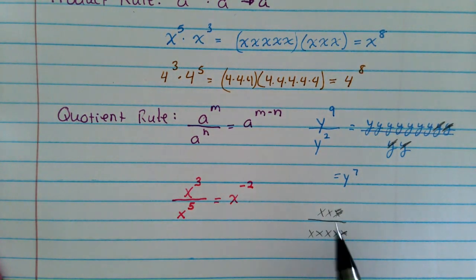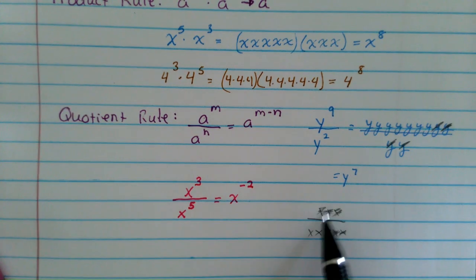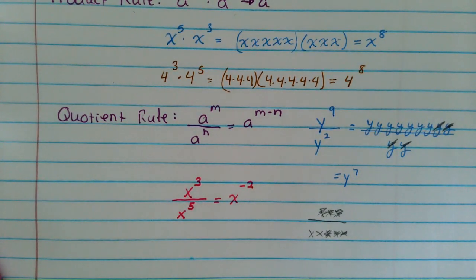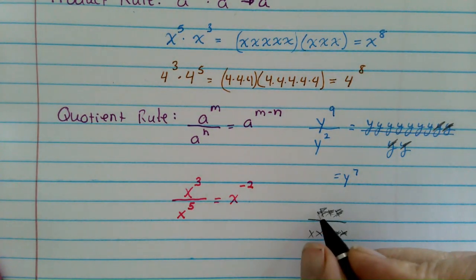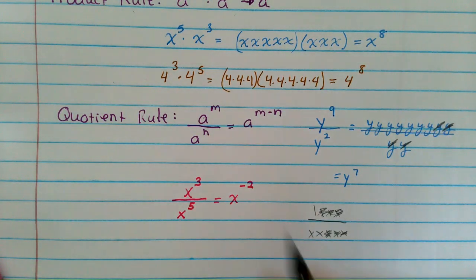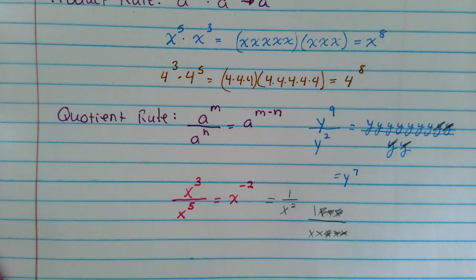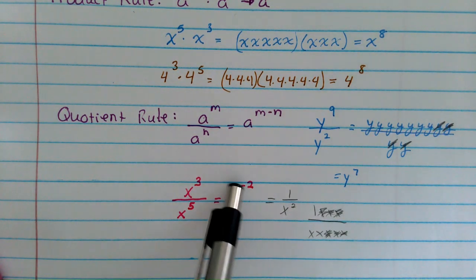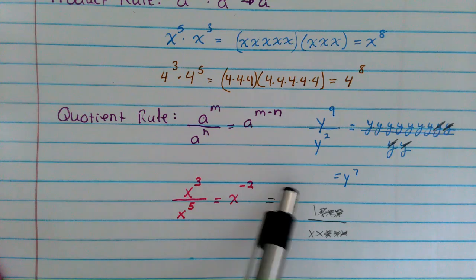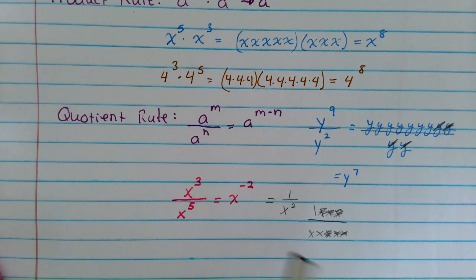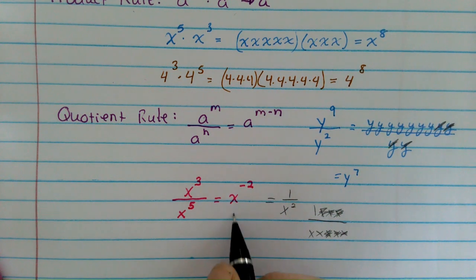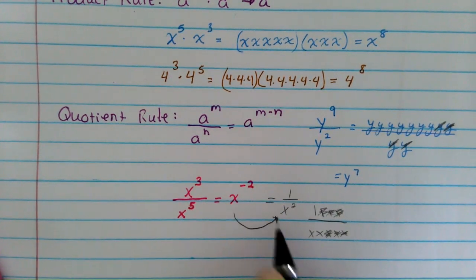Take away 1 from each, take away 1 from each, take away 1 from each. I have 2 x's left in the denominator and just the lead coefficient of 1 in the numerator. And the thing is these are equal statements. x to the negative 2nd is the same as 1 over x squared. So this is how we fix negative exponents. We use basically like a reciprocal.